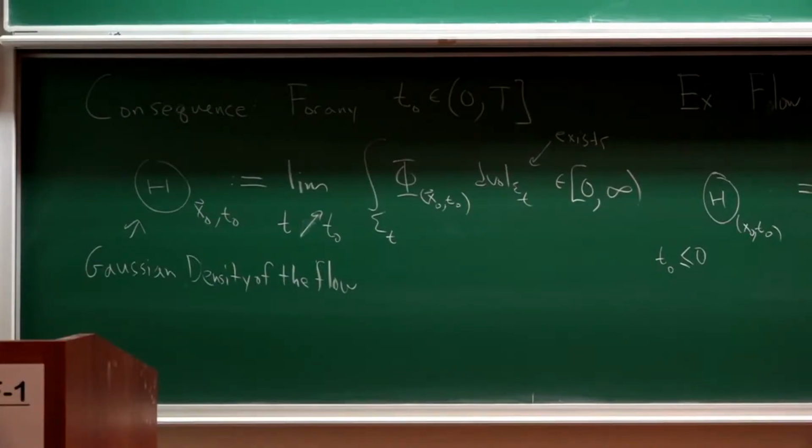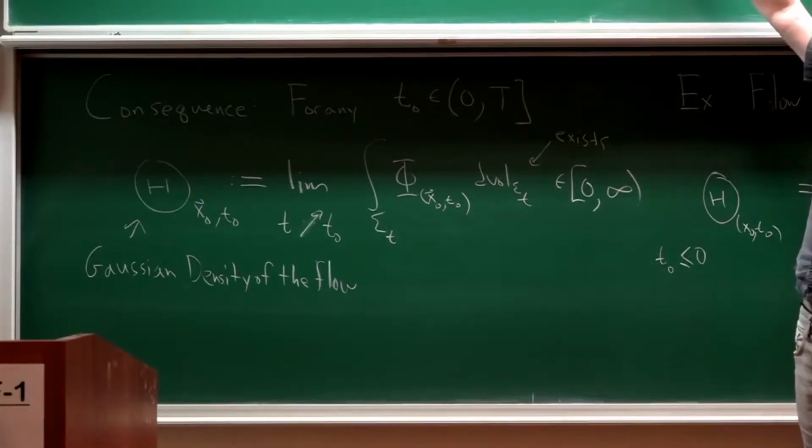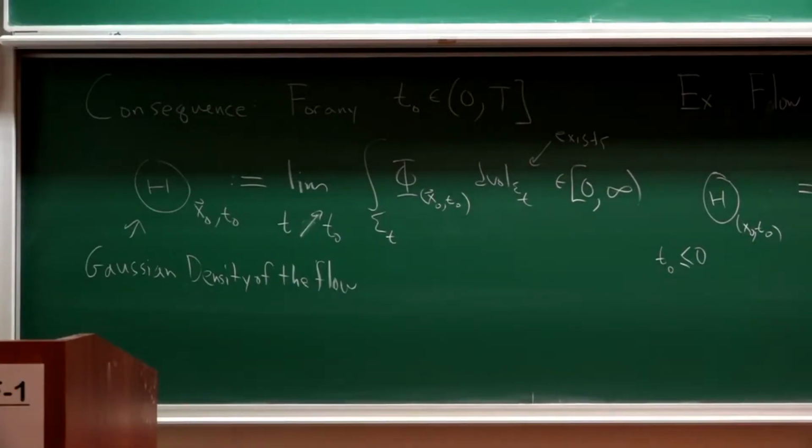So if we're not on the flow, we can check that this gets localized closer and closer to the point x naught, t naught as you approach t naught. If you're away from the flow, you're not seeing anything when you take the integral, so you get 0. Similarly, the normalization is chosen so that when you're on the flow, this is again getting localized closer and closer to this point, but because you're at a negative time, you're away from the singularity.